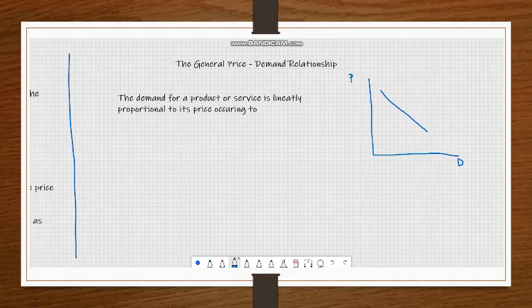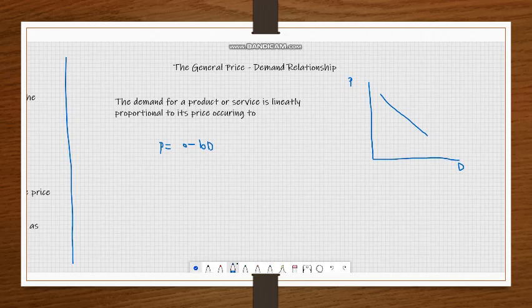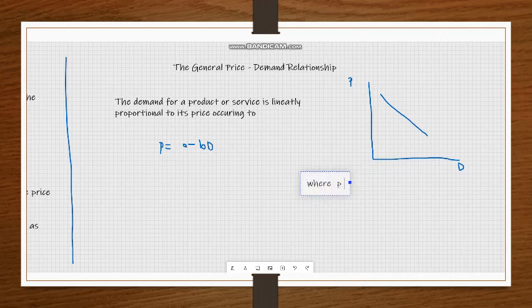If the demand is low, the price is getting high. So we can relate this as P, which is price, equals A minus BD, where D is the variable, so A minus BD is the linear relationship. A and B are constants. Here P is price and D is demand.